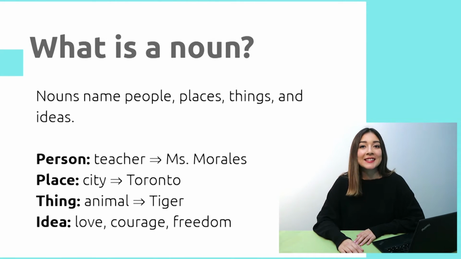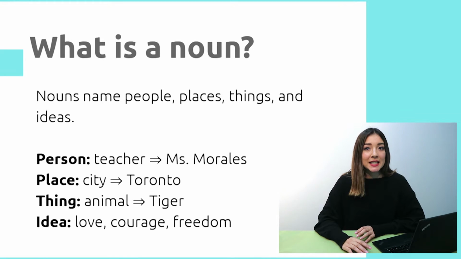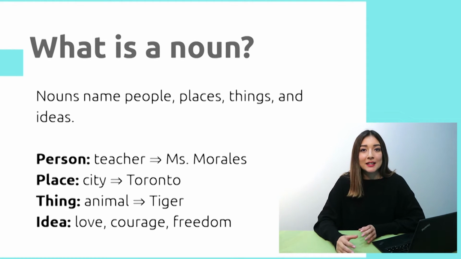Animal, yes. Within the context of a noun, animals are considered things. We also think about ideas being emotions, concepts, theories that we learn. Now, ideas within the context of a noun are considered to be abstract. They're things that we cannot see.